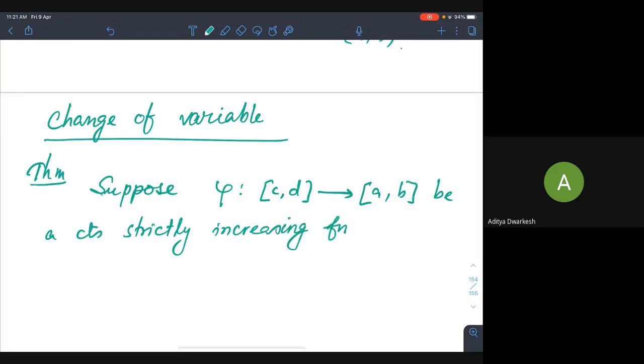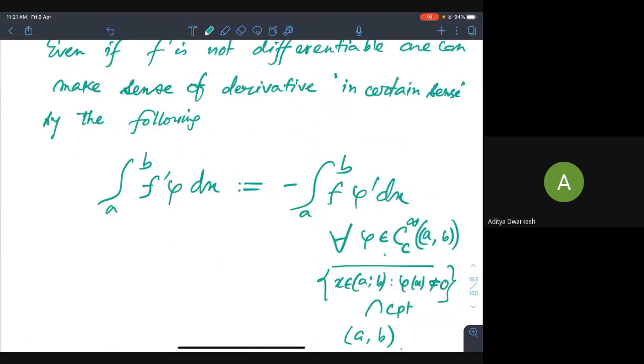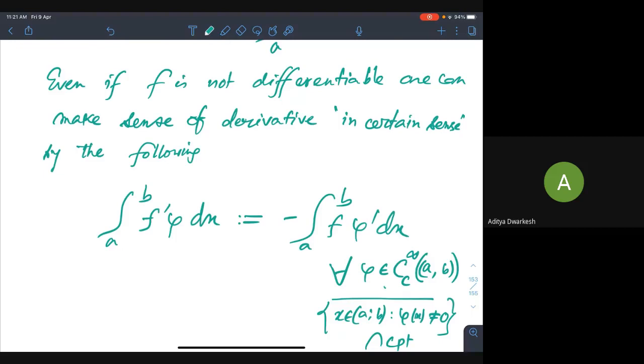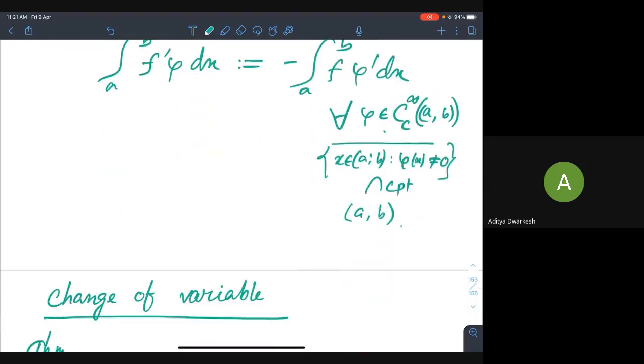Sir, the previous point you made about making sense of a derivative. So this basically tells us that for a function which is only continuous almost everywhere, we can still reconstruct some sort of a derivative for it. Exactly, yes.